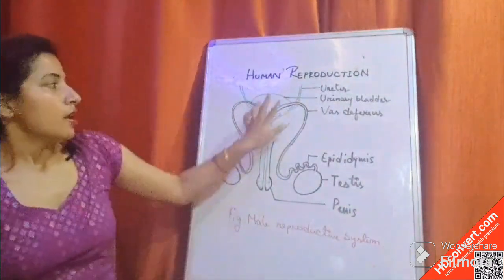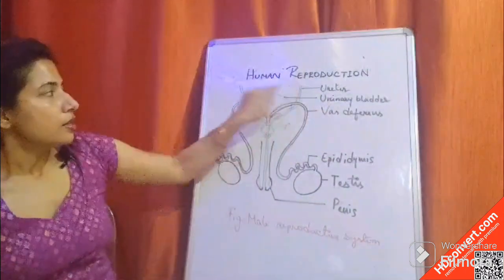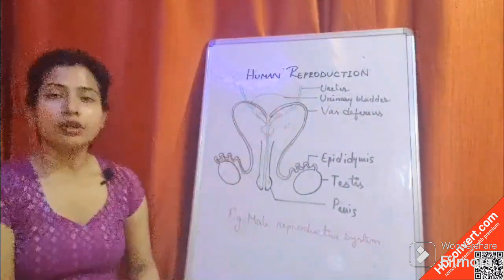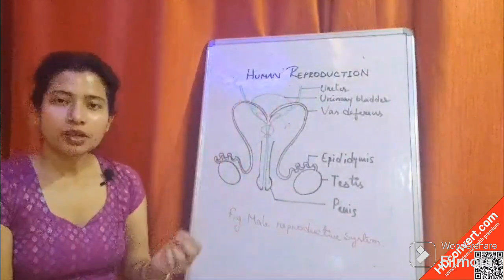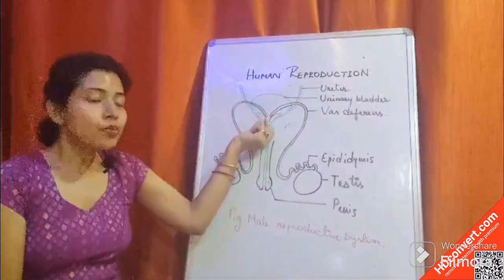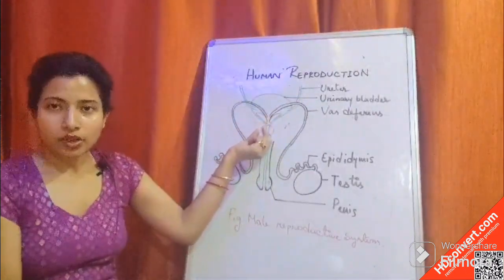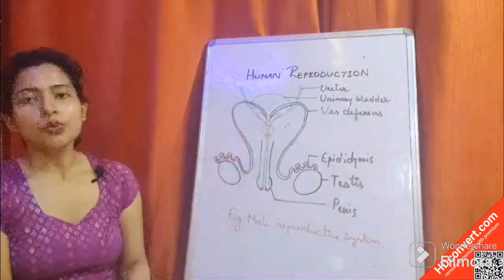This is the urinary bladder, and these two pipes are ureters. Ureter brings urine from kidney to this bladder, and after that the urine is released from the body via this pipe. It is called urethra.